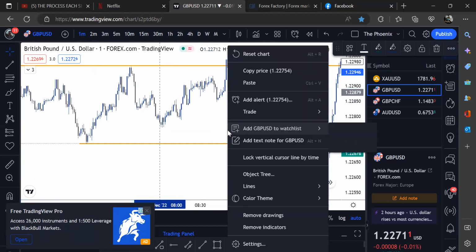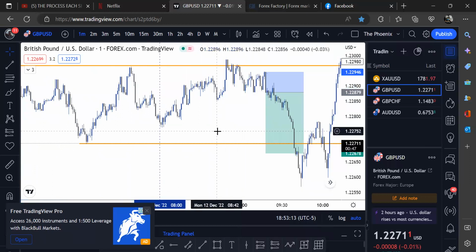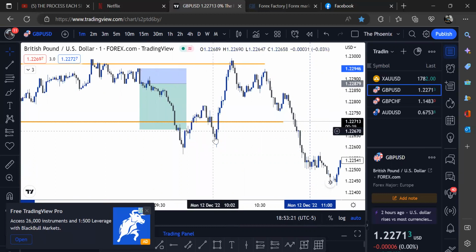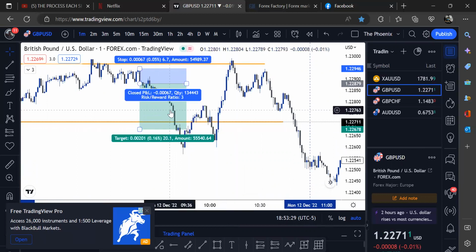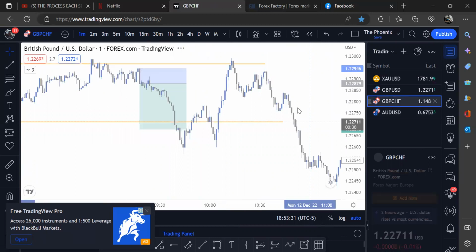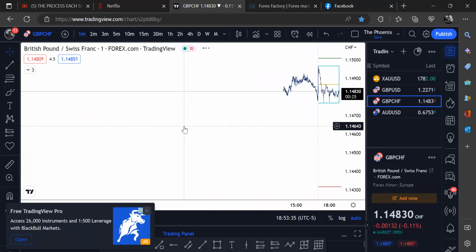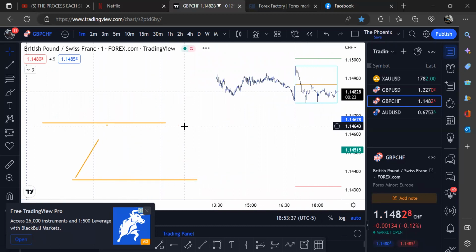In terms of exit, the exit came again when I saw the reversal pattern being created. So this huge engulfing candle, price came back, gave us a retest to that. Got another engulfing. I exited at that point right there. So a 3 to 1, and let's see, 3 to 1.